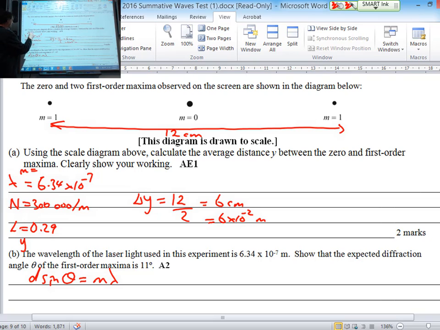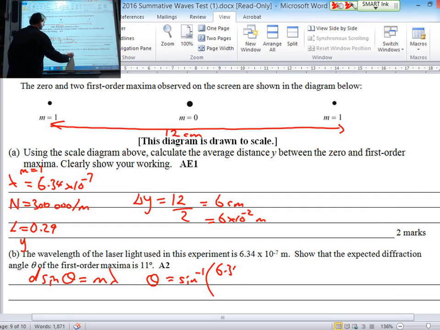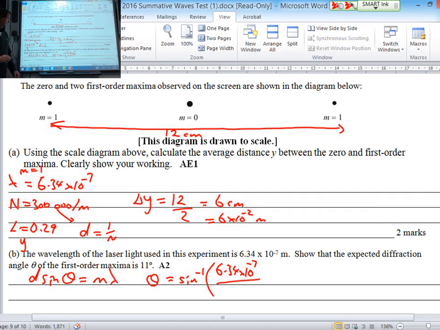M equals 1. So we're just finding theta. So theta will be sine to the minus 1 of m, which is 1, times the wavelength over d. So the wavelength is 6.34 by 10 to the minus 7. The 1 we don't have to worry about. Now that's not d, this here is n. d is equal to 1 over n if you check out the formula sheet. So we have to invert that to get 1 over 300,000.